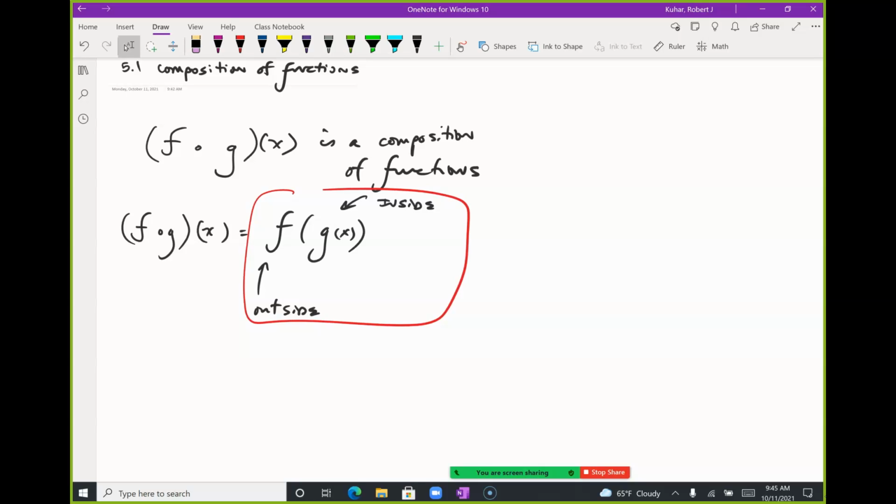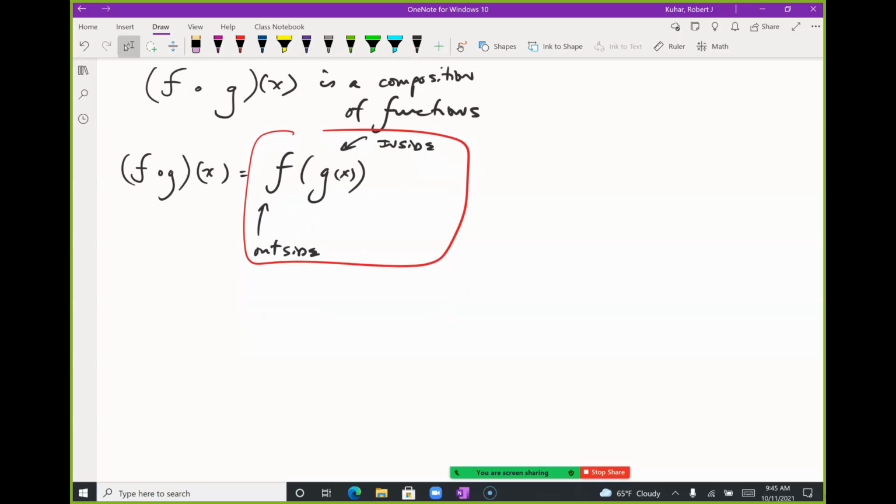So the first thing we have to be able to do is create a composition of functions, and then of course we have to talk about the domain of composition of functions. Okay, so that's really kind of our two main things. The book also talks about this inside-outside piece. Maybe we'll look at that, but there's none of them in the homework. Okay, so let's do three things with this today.